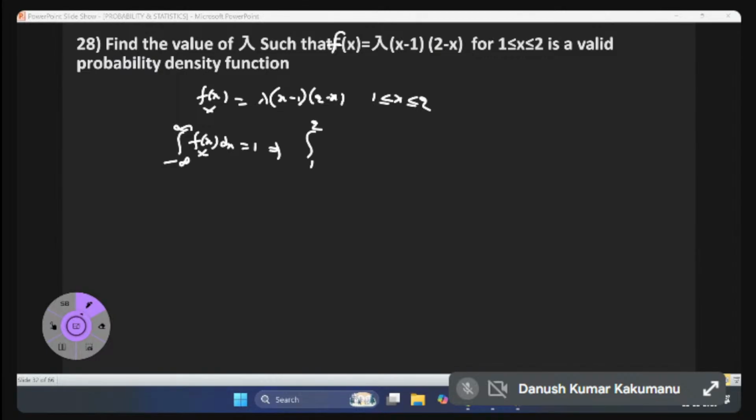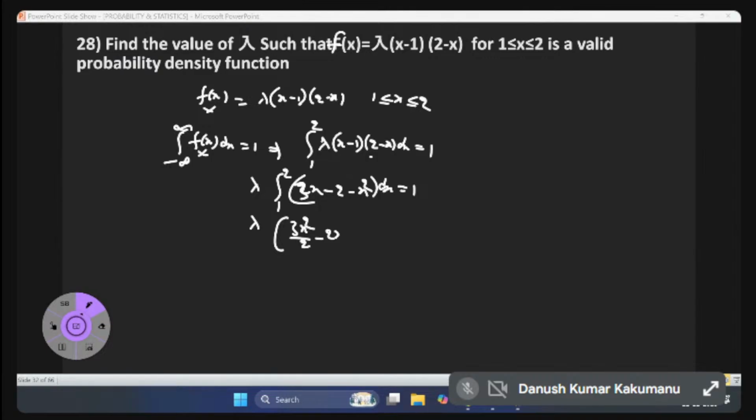Integral of 1 to 2, lambda into x minus 1 into 2 minus x dx is equal to 1. Lambda into integral of 1 to 2, multiply them: 3x minus 2 minus x square dx is equal to 1. Lambda into 3x square by 2 minus 2x minus x cube by 3, limits from 1 to 2.